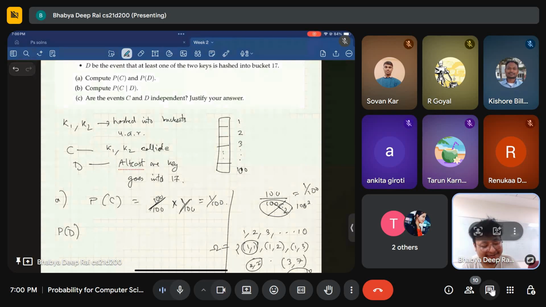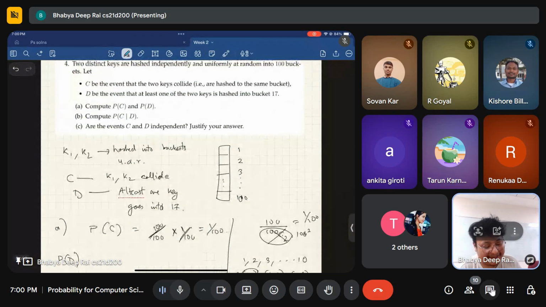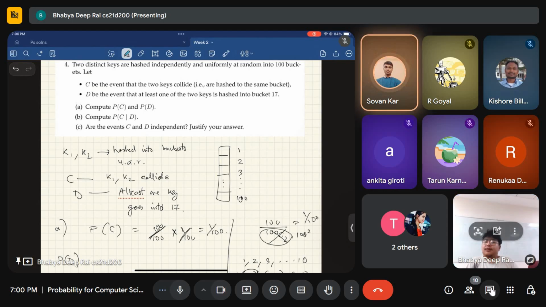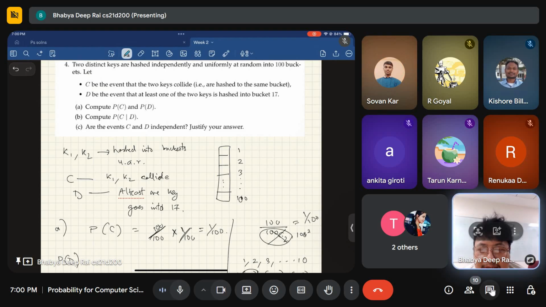What is D? D is the event that at least one of the two keys is hashed into bucket 17. Sir, we can break the probability of D into parts: both are going to bucket 17, or at least one of them is going to bucket 17.